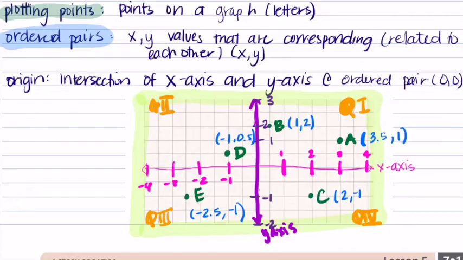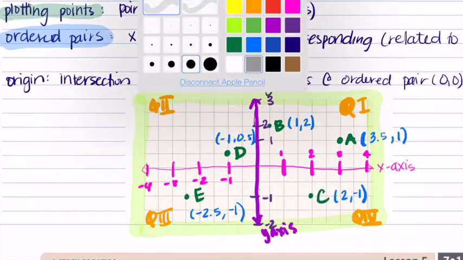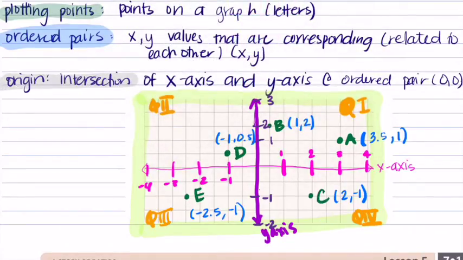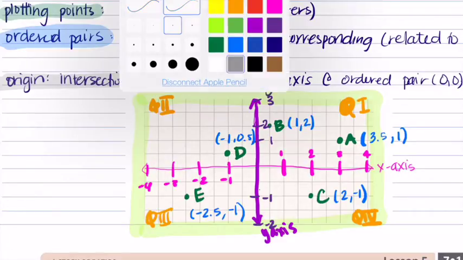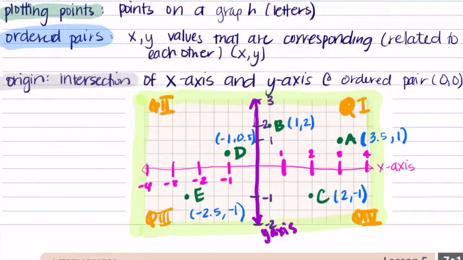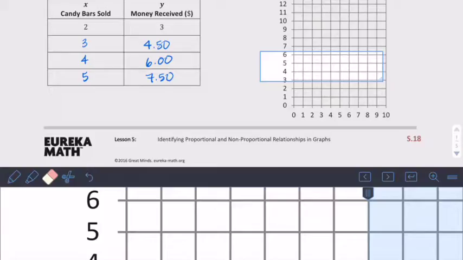C is 2 and negative 1. Okay, and then my origin, let's make that one gray. Okay, going to put my origin here. Right in the middle, right where 0, 0 should be. Okay, and then we call that 0, 0.